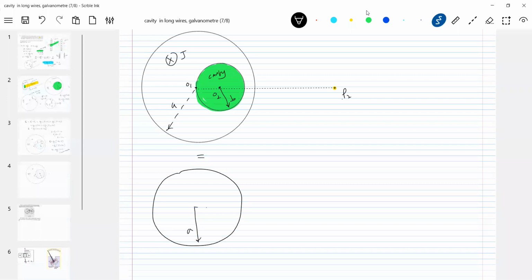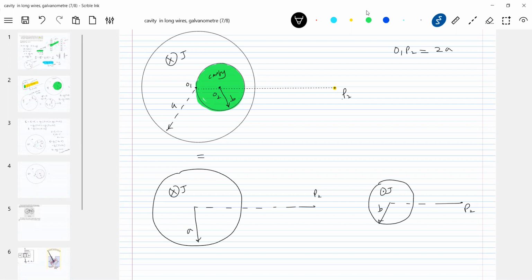This is A, this is the point P2, and a cavity of radius B. Let the distance O1 P2 be 2A. Then we can substitute. Here the current will be into the plane, and here the current will be out of the plane.